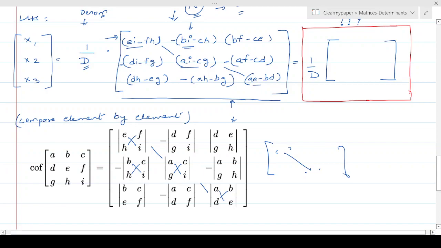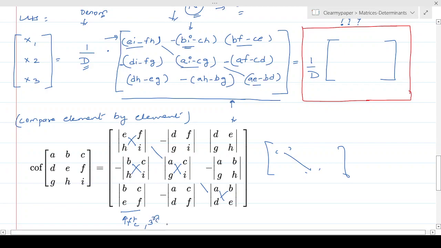And then if you find the determinant of this 2 by 2 minor matrix, it's BI minus CH, which is what we get here. And similarly, this is appearing on the first row and third column, but this whole thing in the original cofactor matrix is appearing in the third row and first column.